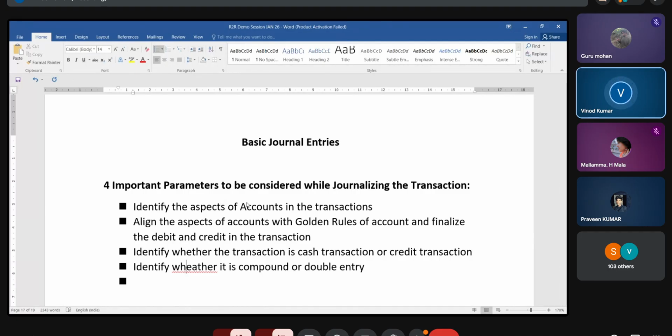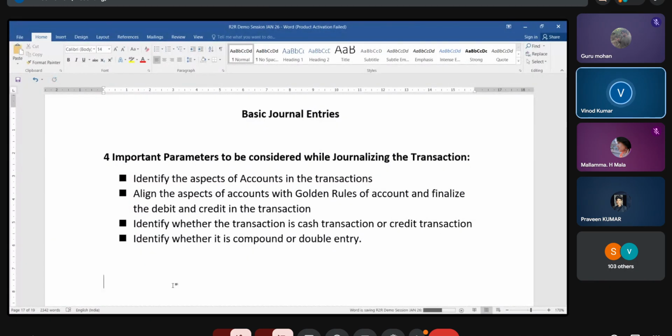Okay, so while journalizing the transactions, we need to check four important parameters. If you understand all four parameters with a step-by-step process, even a new person can easily understand this. Even people from a commerce background, I request everyone to learn in a systematic way.